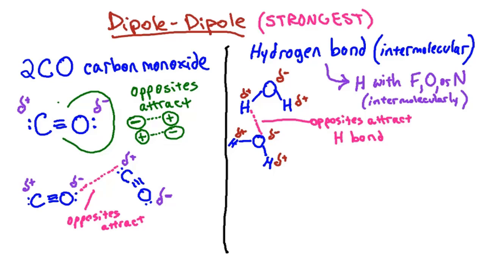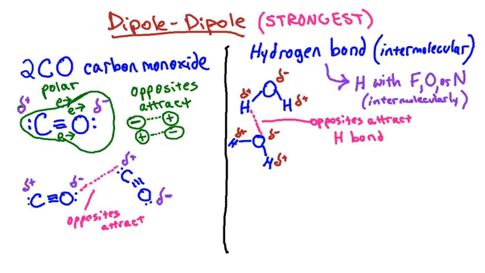All the electrons are going to be going this way toward the oxygen and leaving the carbon without any electrons. So it's going to be polar. This molecule is going to be polar because of the dipole interaction.